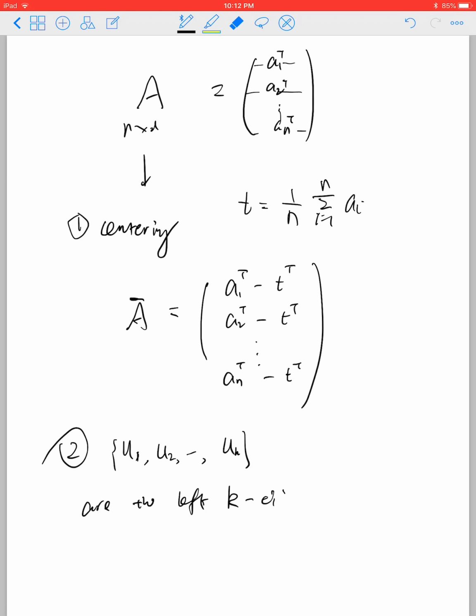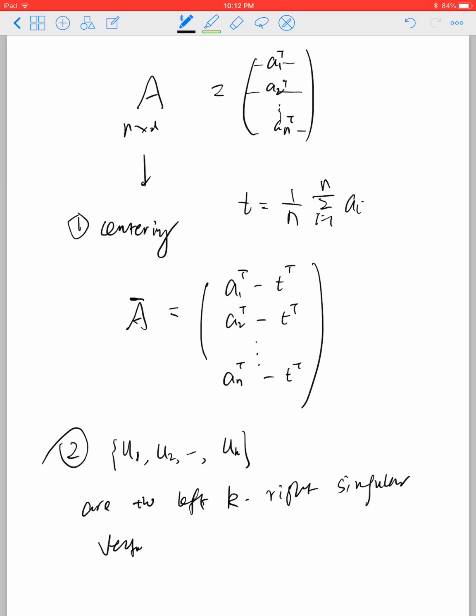So basically, to do the principal component analysis, you just need to do two steps. The first step is centering the matrix. That is, we calculate the average of the row vectors of our data matrix, and then we subtract the average row vector from each row of the data matrix A. You get the centered matrix. And second, you perform a singular value decomposition on this centered matrix. You get the right singular vector set V bar, and then you pick up the first k right singular vectors to obtain the optimal k basis.